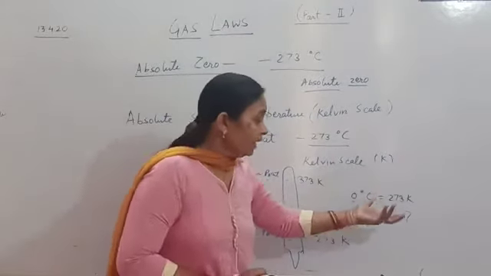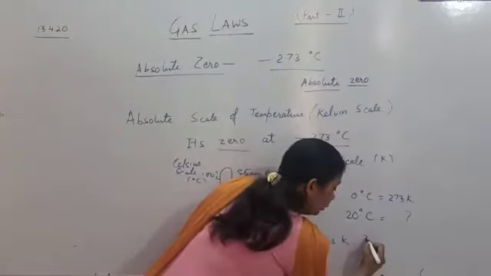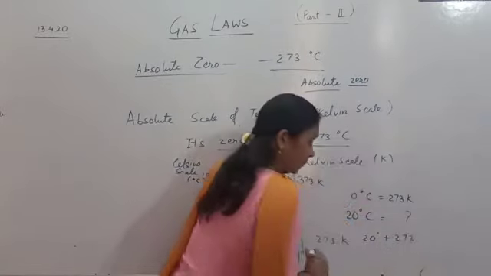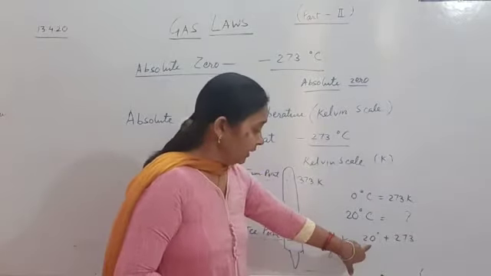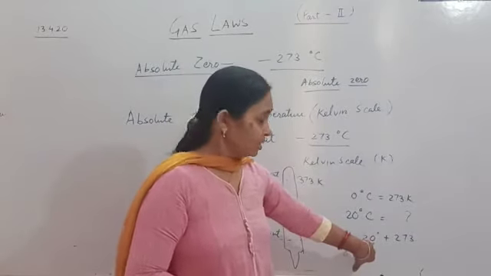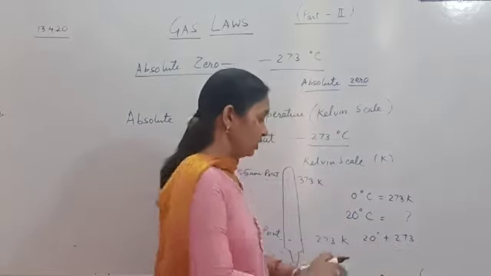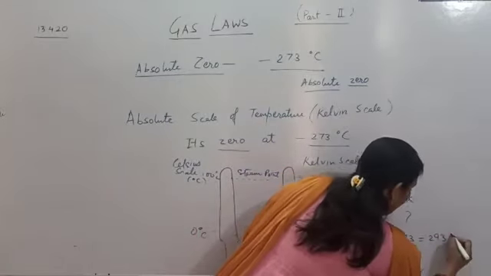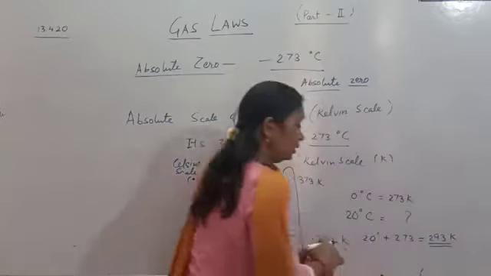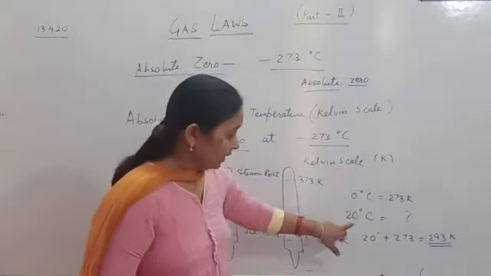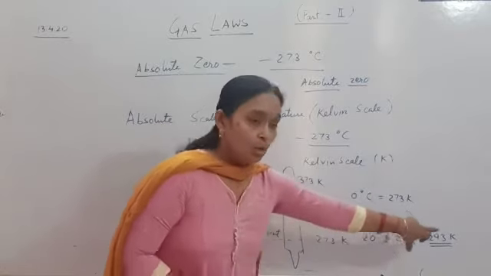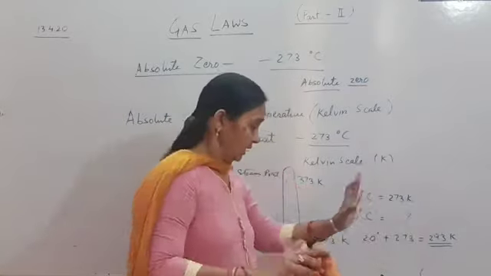You simply add 273 to 20 degrees centigrade. You will get 293, and that will be the temperature on the Kelvin scale. So 20 degrees centigrade on the Celsius scale is equal to 293 Kelvin.